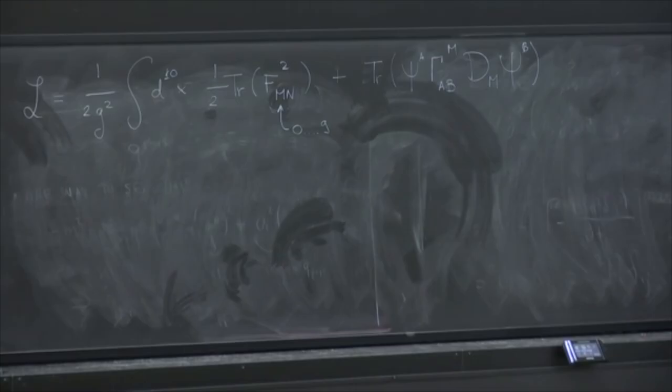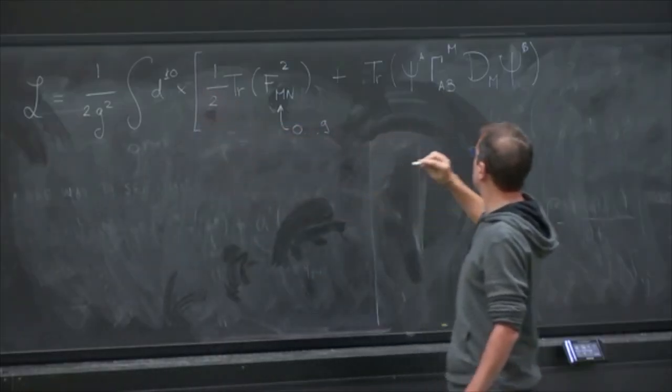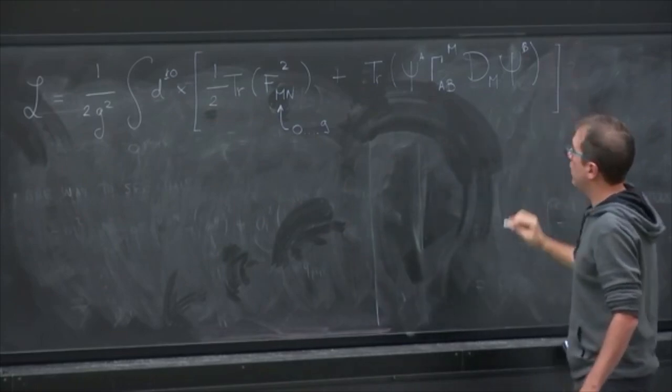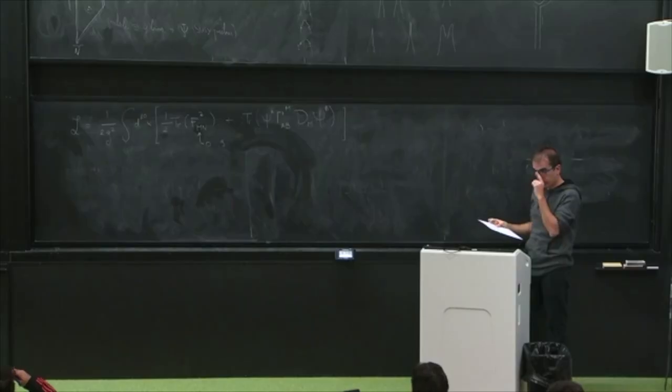And this would be the low energy limit that we would get if we put superstring theory, type IIB superstring theory, on these D9 branes.